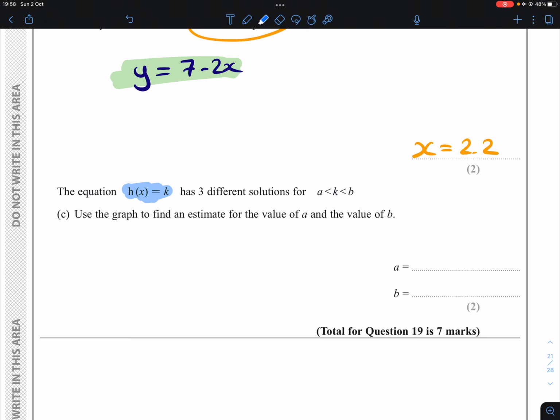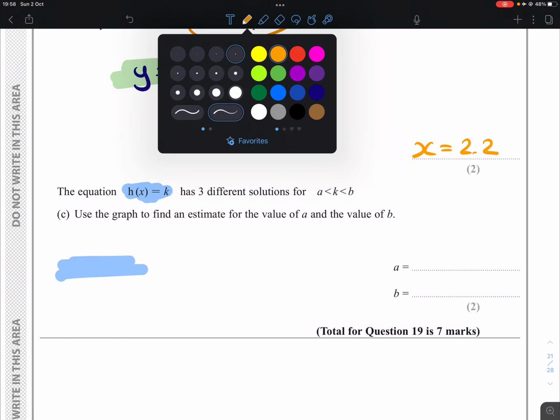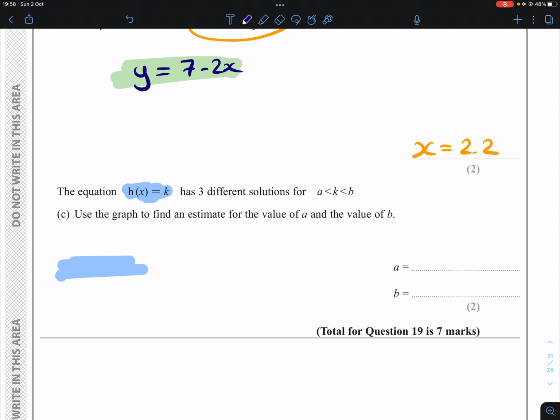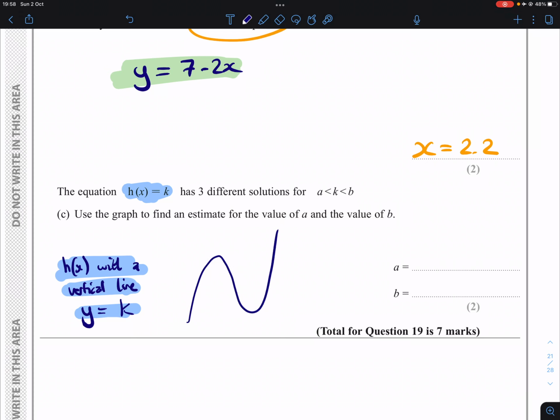So, k is a number. h of x equals a number means that we're intersecting h of x with a horizontal line, and that line is going to have the equation y equals k. So there is a line that is going to intersect with our graph and is going to give us 3 different solutions.